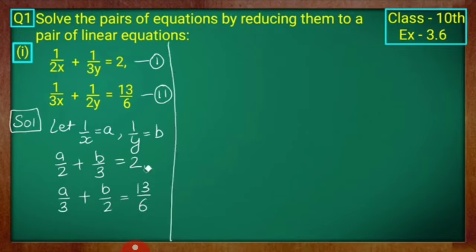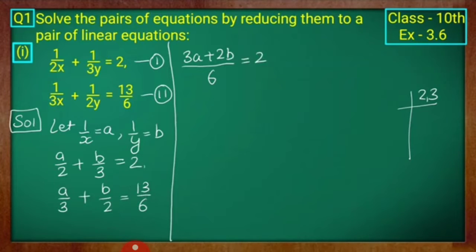Now we express these two equations in reduced form by taking the LCM. The LCM of 2 and 3 will be 6. So by cross multiplication it will be 3a plus 2b is equal to 2.